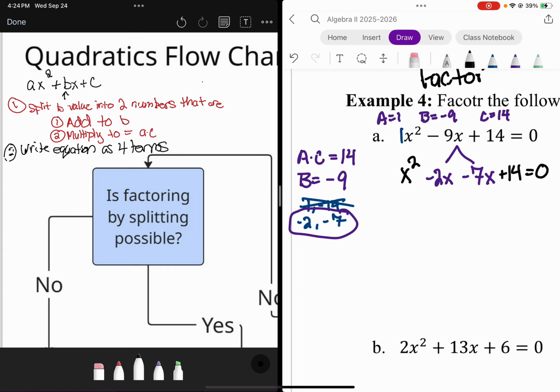Then we're going to factor out the GCF, or greatest common factor, from the first 2 terms then the last 2 terms.